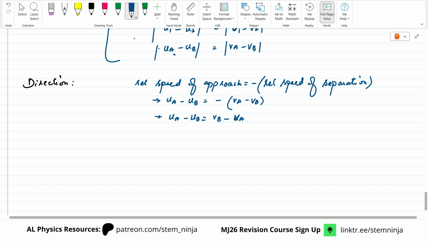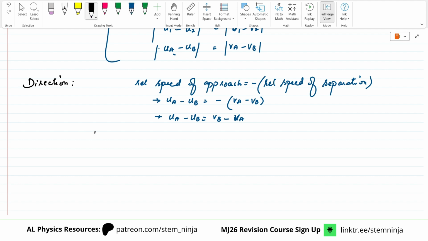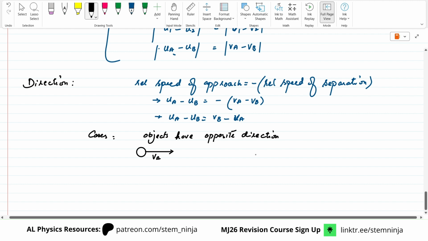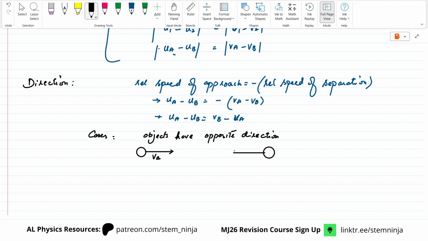Now, the cases for these are very important, especially the direction ones. So if objects have opposite directions, we actually saw this in the relative velocity case also. So if objects are moving with VA and this is your VB, it doesn't matter if it's the final velocity or initial velocity.